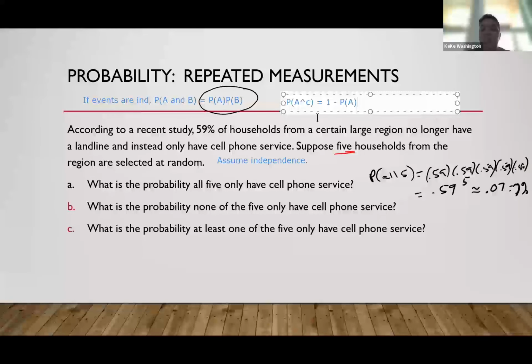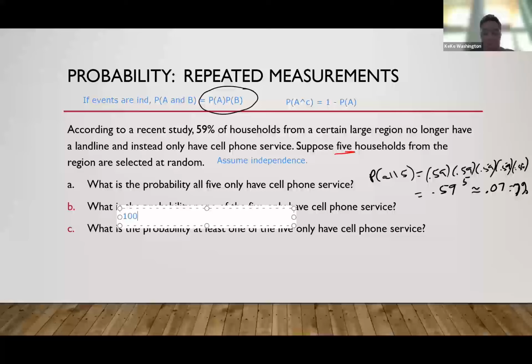You can convert 1 to a percent, 100%, being that our value is in percent. So we have 100% minus 59% is 41%. Let's make that a decimal, 0.41. So there's a 41% chance that I do not only have cell phone service in my home.